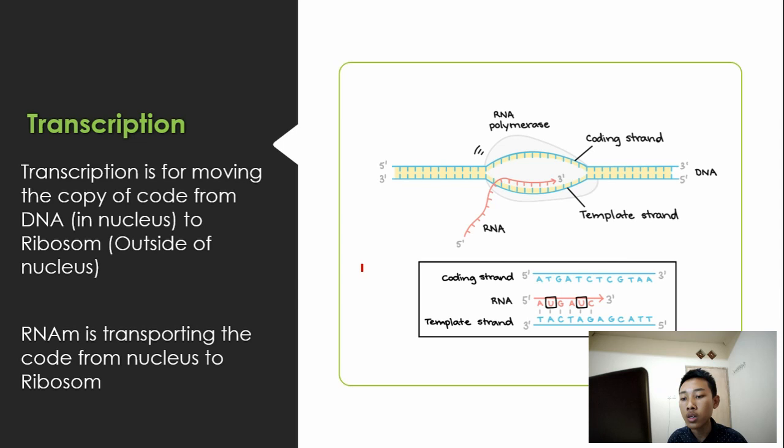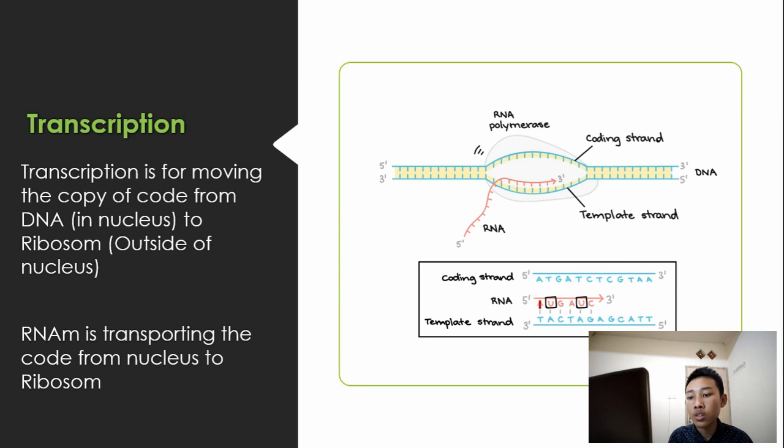In RNA, there is no T. It is replaced by U. So if you find RNA, there must be 4 types of nitrogen base: adenine, uracil, guanine, and cytosine. Just those 4. There is no thymine in RNA.